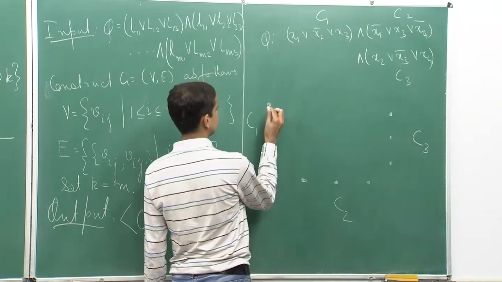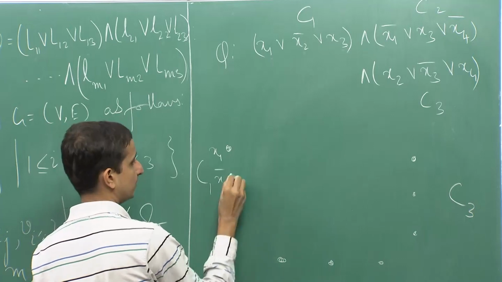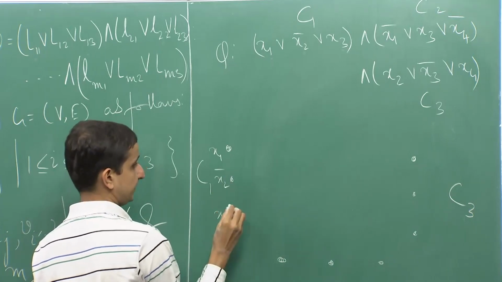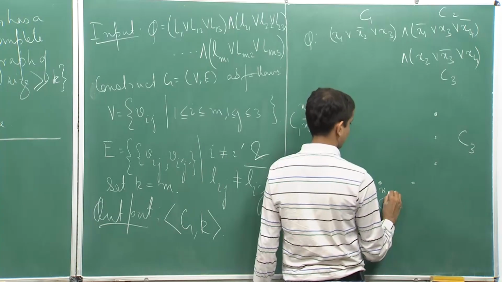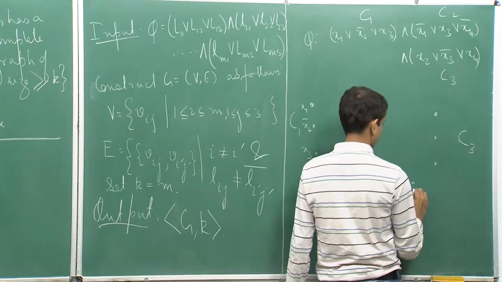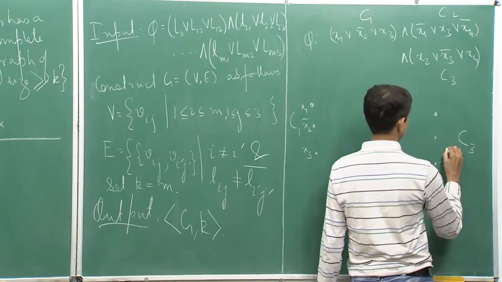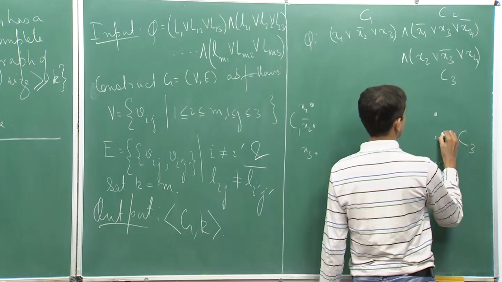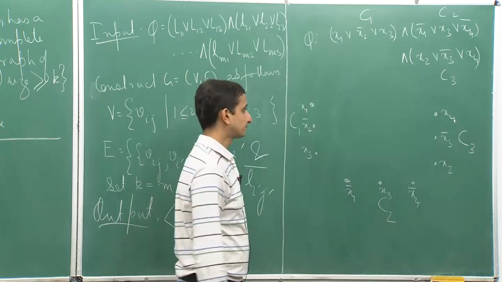So, this is corresponding to x1 here, x2 bar, x3, x1 bar, x3, x4 bar, and I have x2, x3 bar and x4.